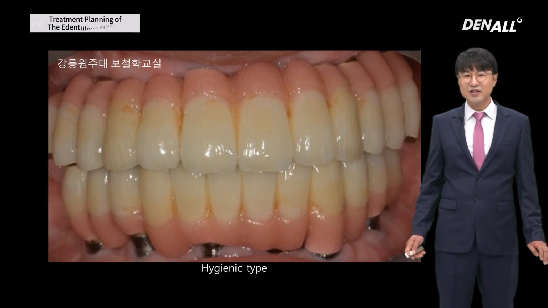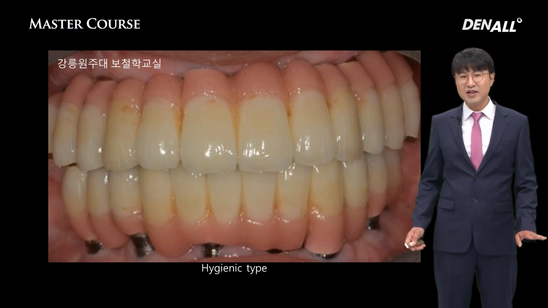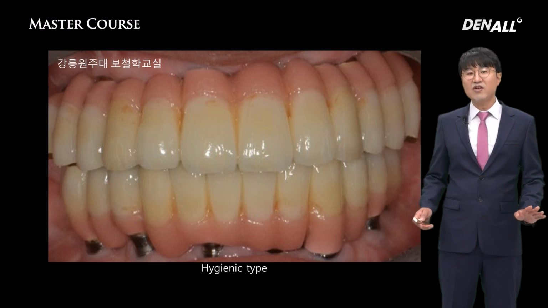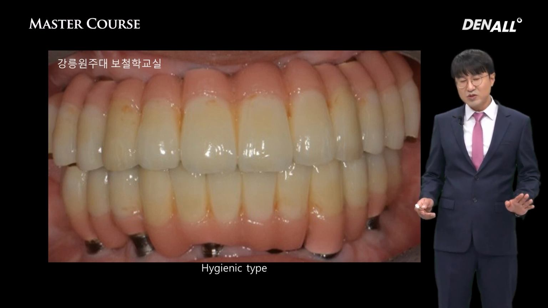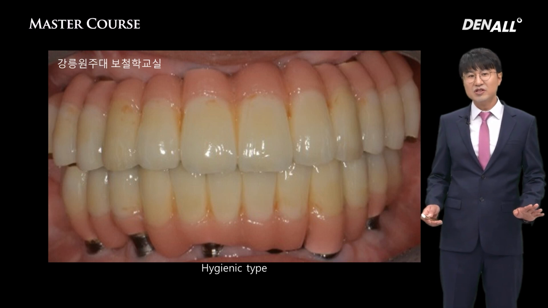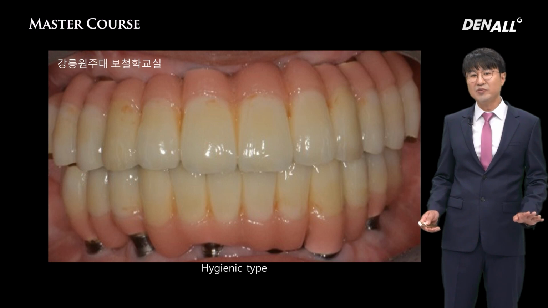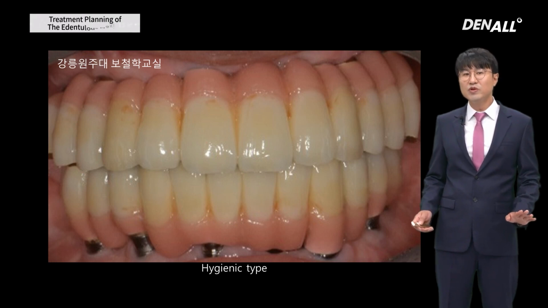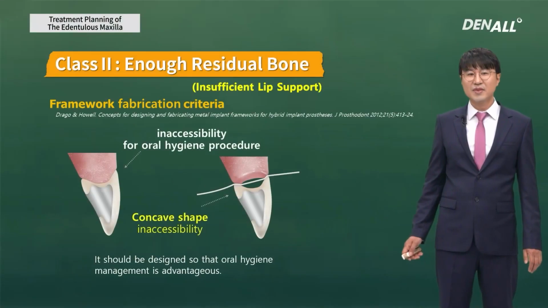It was restored with ceramic metal, and oral hygiene can be managed better with this. If it's impacting the smile line, then of course the lost tissue area can be treated with pink porcelain, but if there's no impact on the smile line, then leaving it as empty space could be better in terms of oral hygiene maintenance.